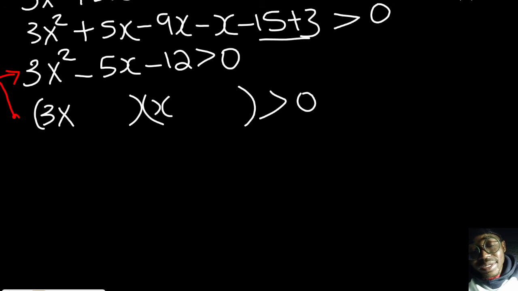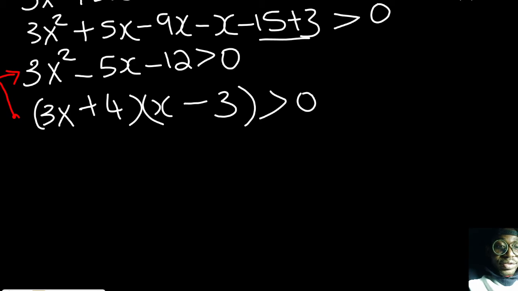Okay, so the factors of 12 are 12 and 1, 4 and 3, and 6 and 2. So I'm going to try 4 and 3, putting the plus on the 4 and the negative on the 3, because the sign tells us that the signs should be different.